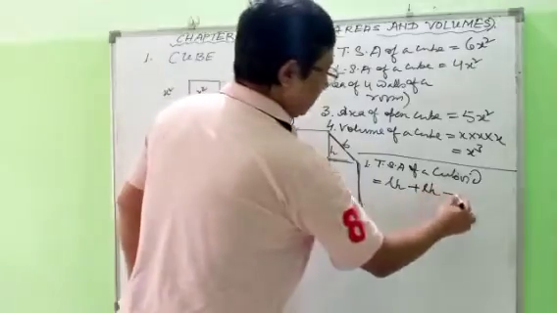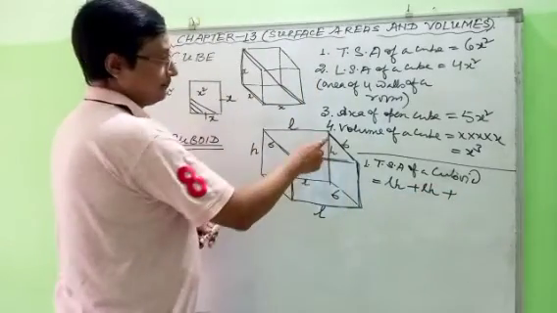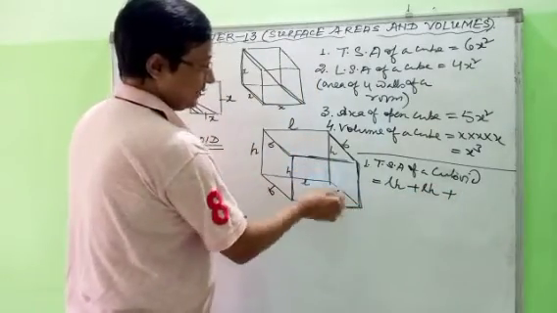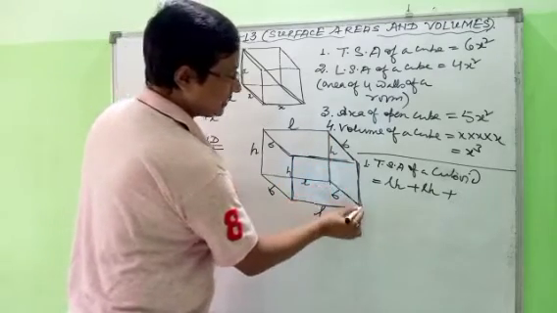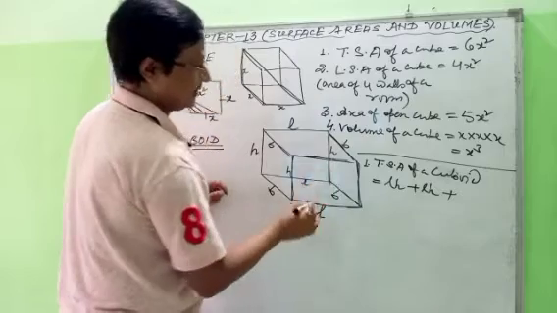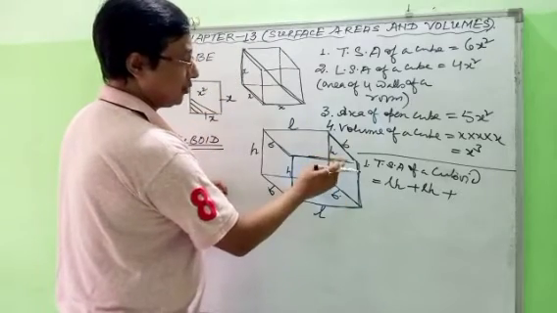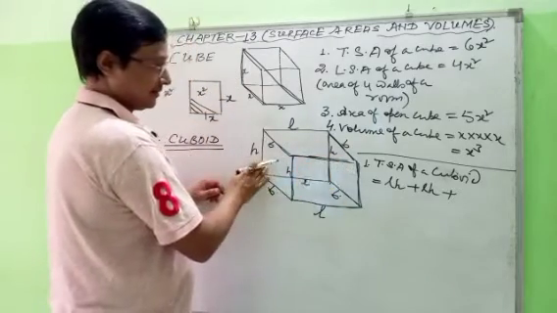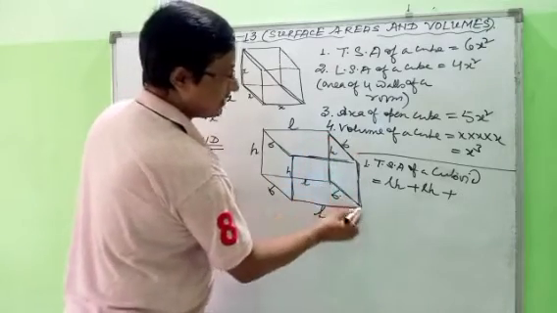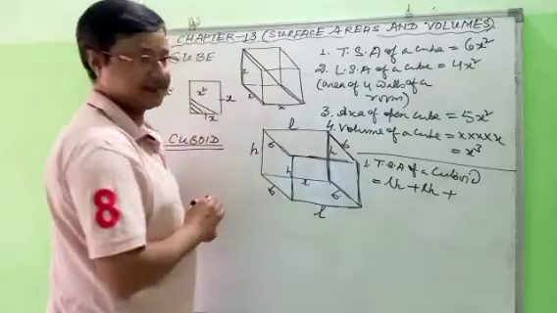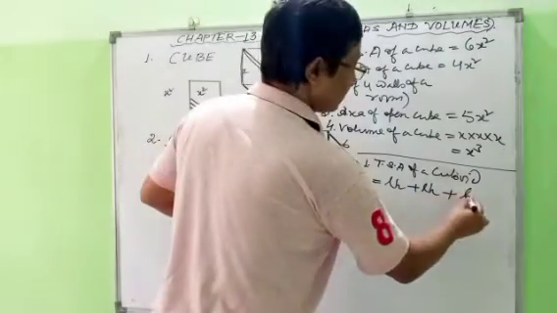Then again plus, you take this adjacent face. So this is the breadth and then this is the height. So you take breadth into height. So you have got one more opposite face. So in this face, area is breadth into height. So it will be breadth, height.